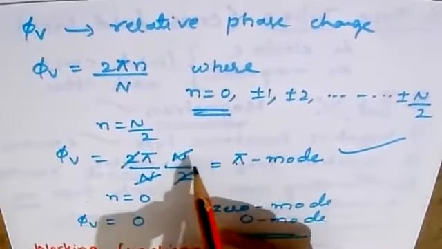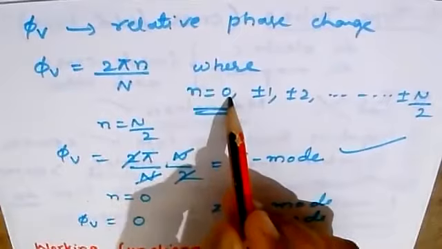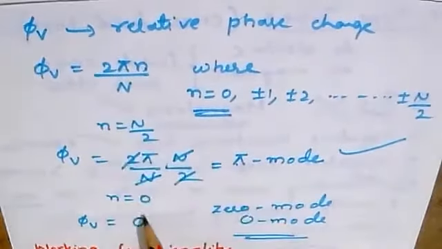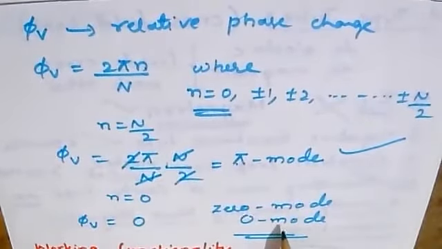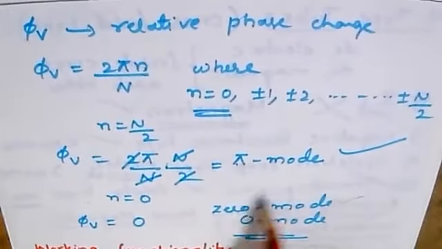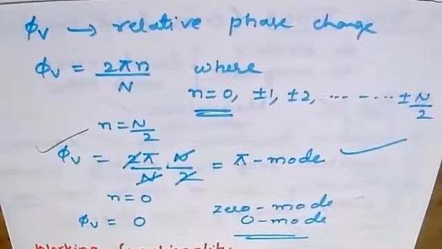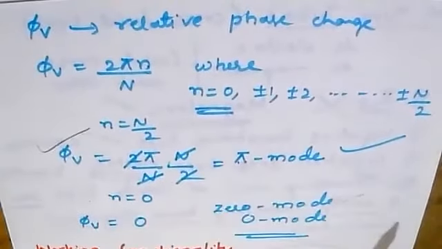If we take n equal to 0, the whole term becomes 0, and that mode is called the zero mode of operation. In most cases, the magnetron is operated in the pi mode.